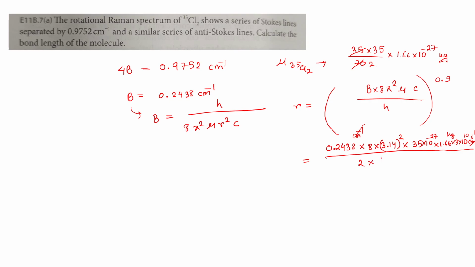Now h is 6.626 into 10 to the power minus 34 kg meter square per second. So you are getting kg meter square, right? Why am I getting r below? Have I made any mistake?